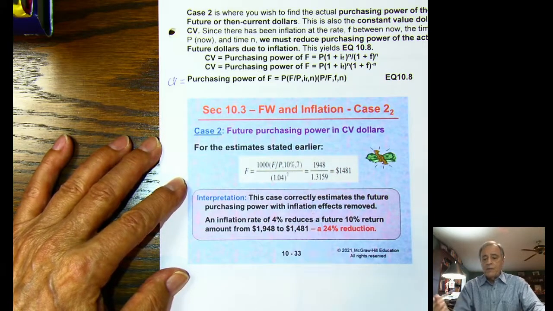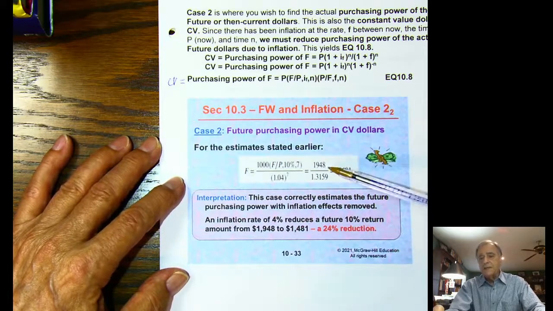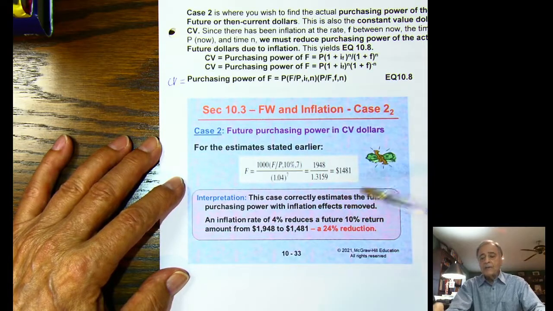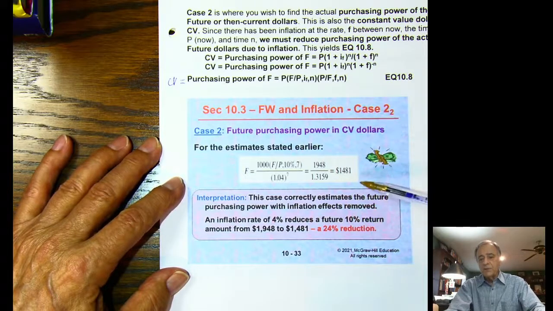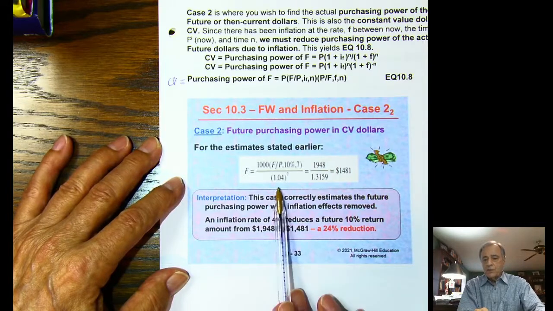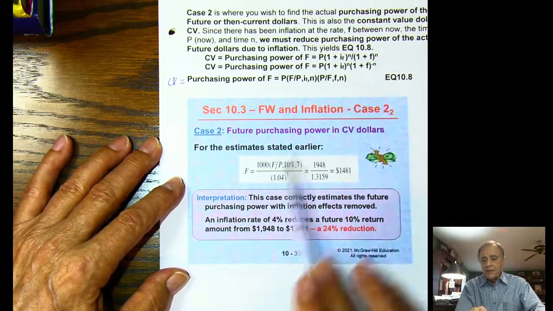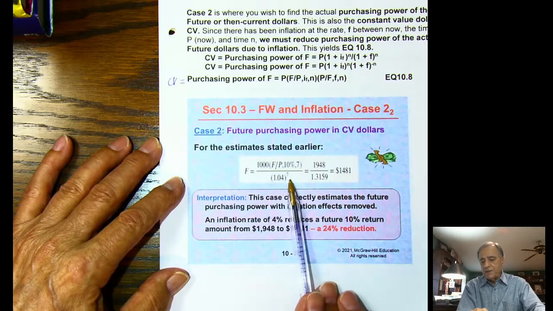We basically take that $1,948 that we got in case 1, and we have to pull out the inflation. We were given that the inflation rate was 4%, so we're going to divide by 1.04 to the 7th power.